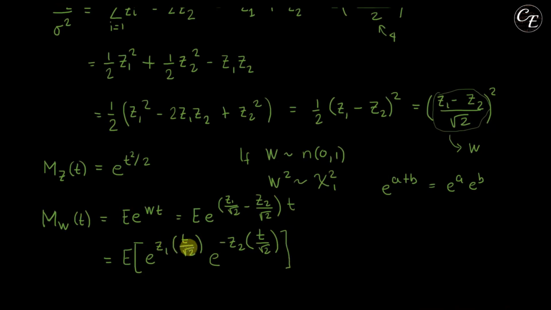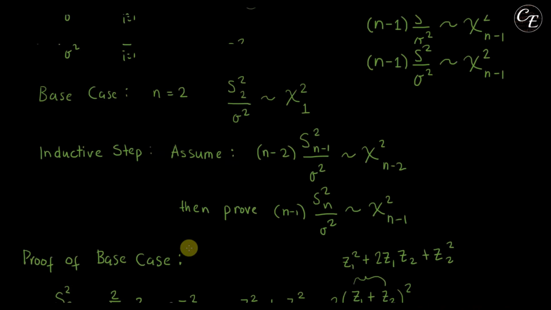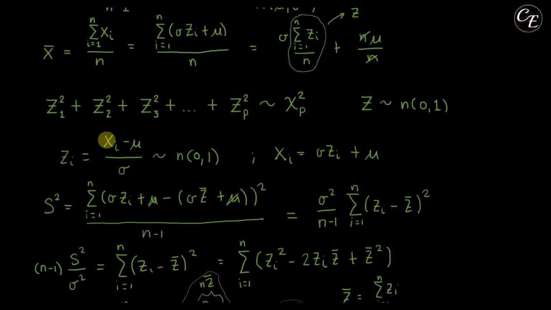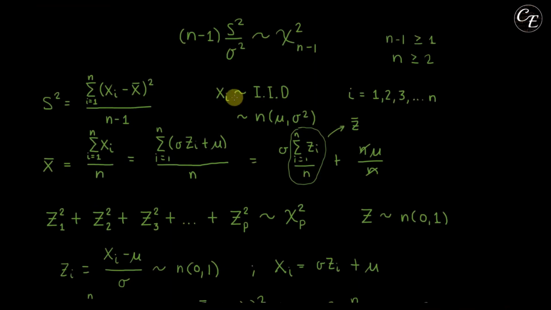This z sub 1 in here and z sub 2 in here are independent to each other because they come from here, and x sub i's are independent to each other, the i in here.